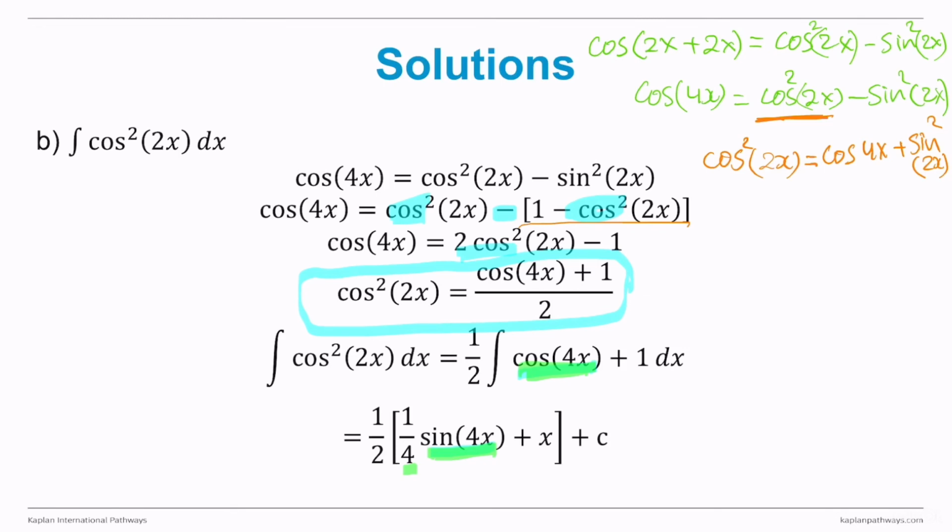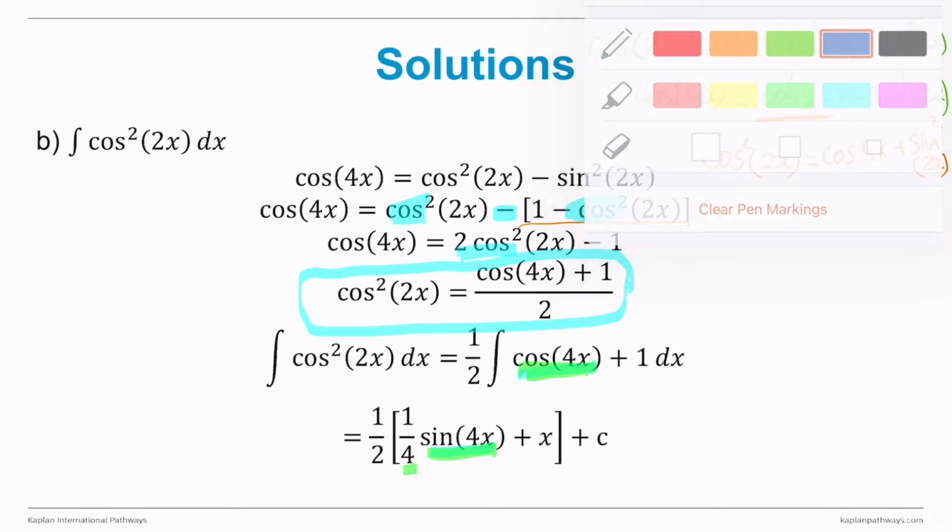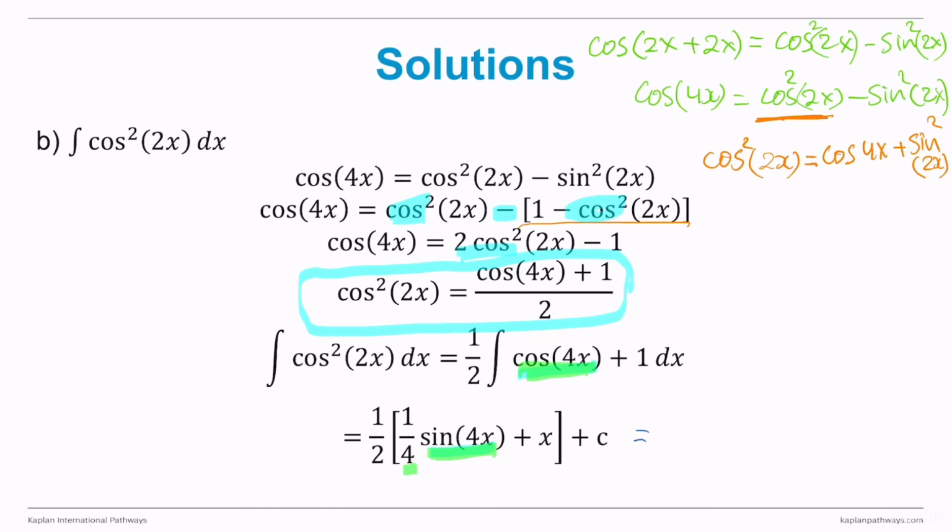So this is 1 over 8, because 1 over 2 times 1 over 4 is 1/8, 1 over 8 sine 4x plus x over 2, so half x plus c, because the half is outside the integration.